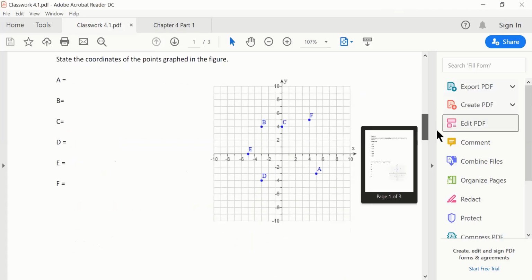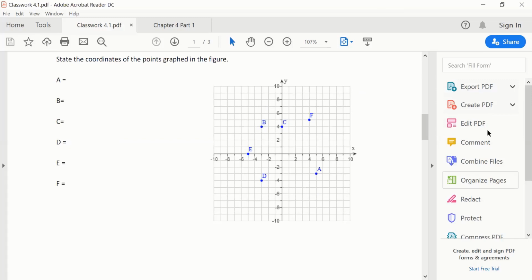Now the second question gives you the graph and asks you to tell me the name of the points. So point A first is over here. It has gone over to 5 in the x direction, and then down 1, 2, 3.